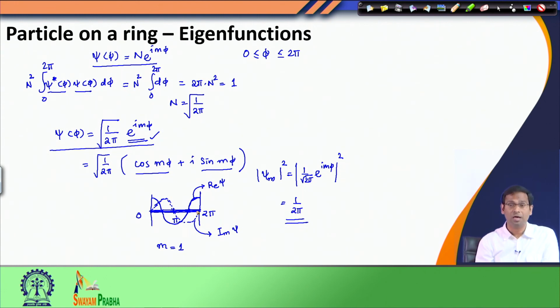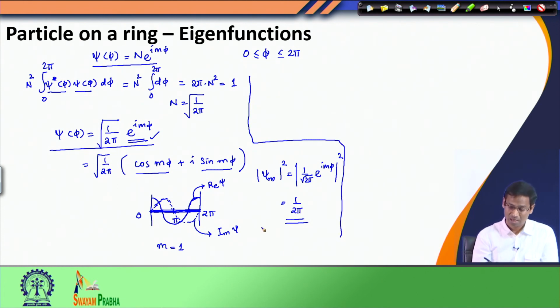Another important feature of this wave function is that I know this wave function comes back to its own form after 2 pi revolution. What happens if I do it for pi revolution instead of 2 pi revolution? I will have e to the power i m phi multiplied by e to the power i m pi.